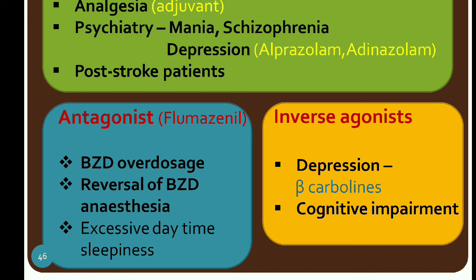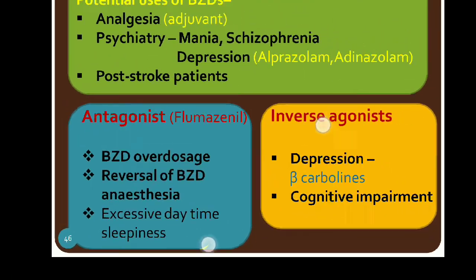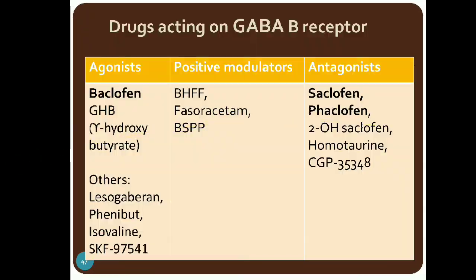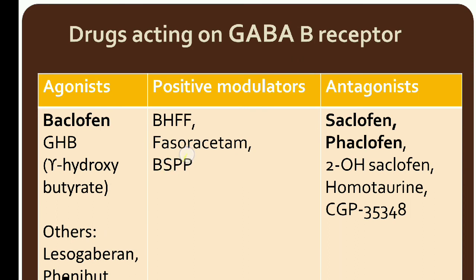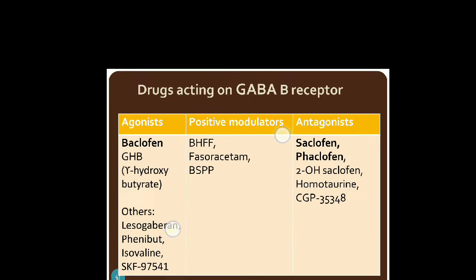This is the effect of drugs acting on the GABA B receptor. This is the GABA B receptor: agonist, positive modulator, antagonist. You can see this is an example. Baclofen is a selective GABA B agonist, a structural analog of GABA, used as a muscle relaxant.